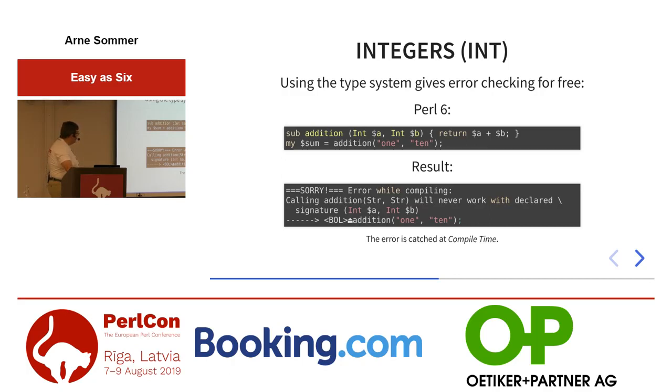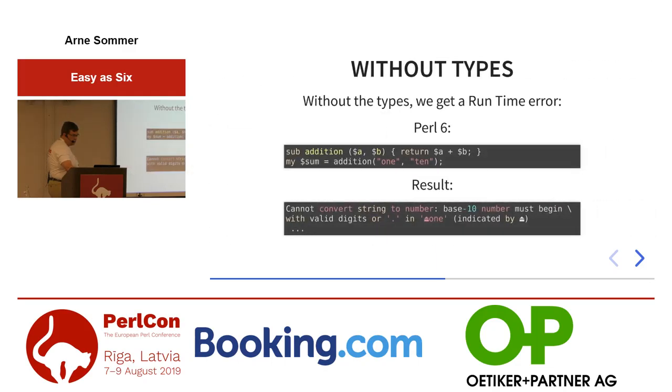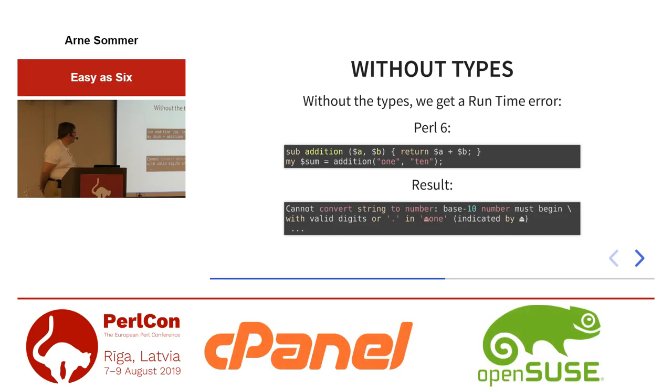And the error message is quite impressive. It tells you exactly what is going on. If you skip the types on the arguments in the procedure, we get a runtime error instead. So this will happen after some part of the program has been running.